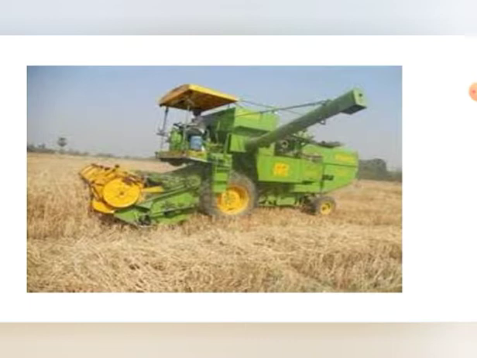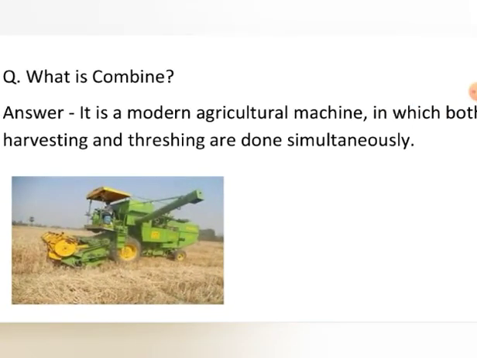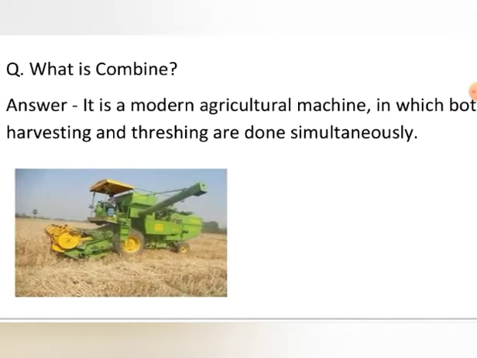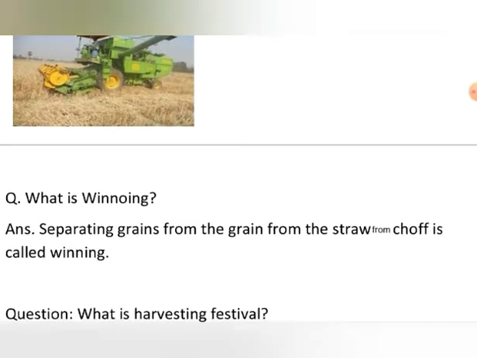It cuts the crop, and after harvesting the ripened crop, it separates the grain of the crop from the straw. It is a modern agricultural machine in which both harvesting and threshing are done simultaneously. This machine is called combine.